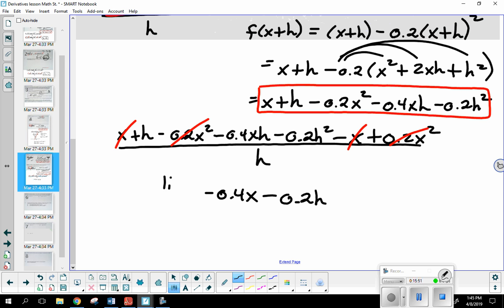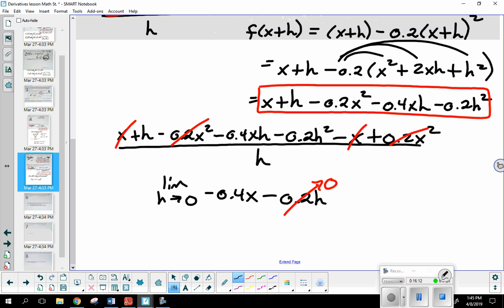Okay, so now what I'm going to go ahead and do is take the limit as h approaches 0. Okay, so remember the expression with h would be the gradient of the secant line. The actual derivative to find the instantaneous rate of change, I would take the limit, and this guy is going to disappear. So it looks like my derivative is what?